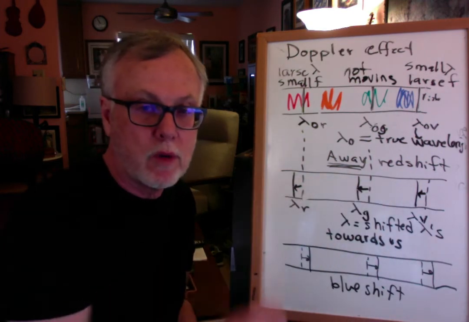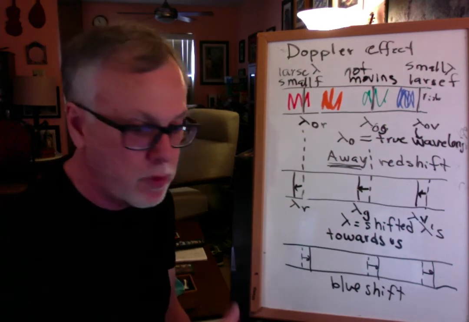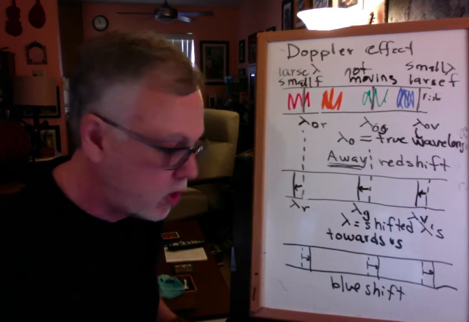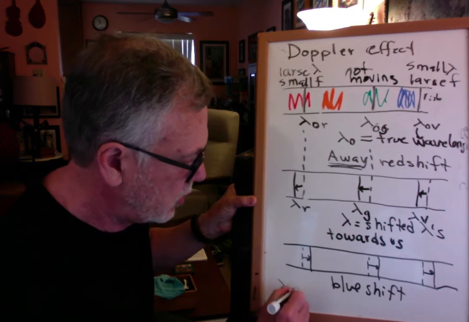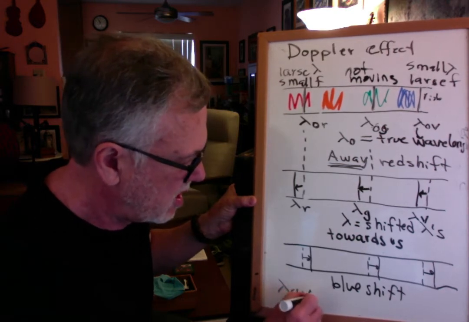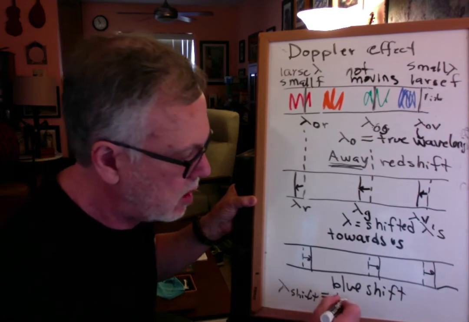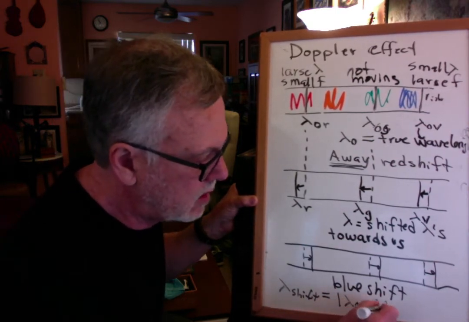They've been shifted over. So one of the things that people measure is how much it has been shifted by. So the wavelength shift, this pen's about ready to die too. So the shift is equal to, I'm going to put an absolute value, the true value minus the shifted value. That's the amount shifted.